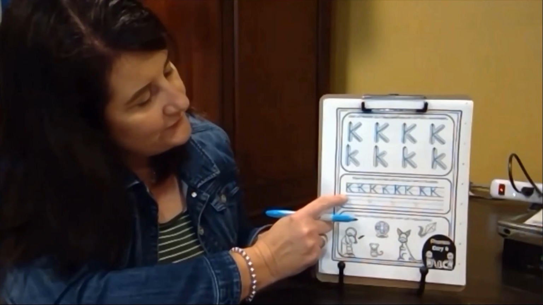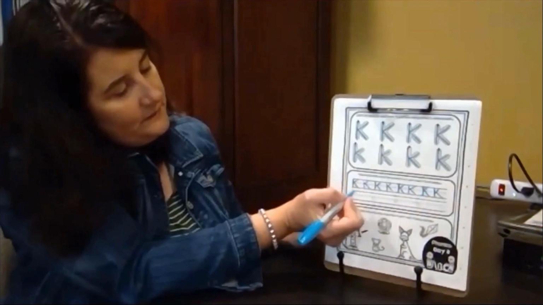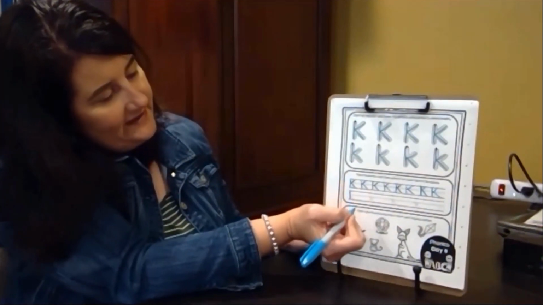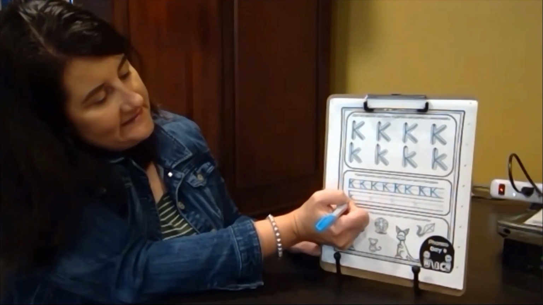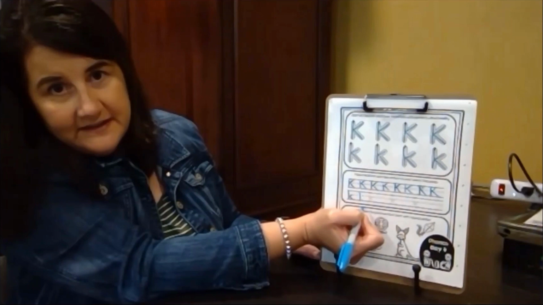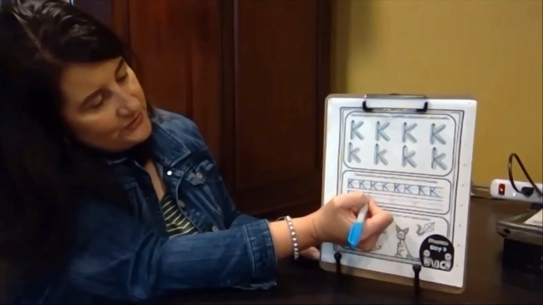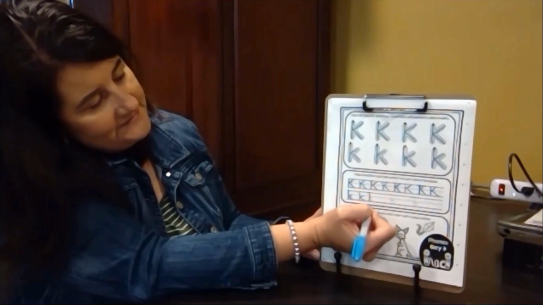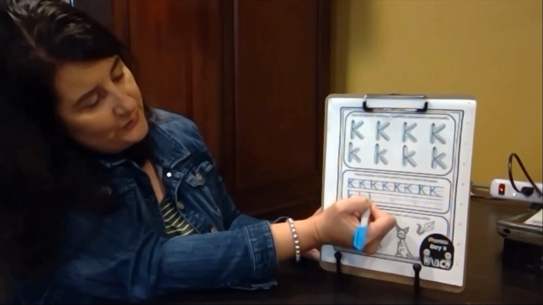Now for lowercase k, as a reminder, first stroke starts at the top, second stroke starts at the middle line. So straight down, and then your second stroke goes to the middle. Slant in, slant out, and then try it on your own. Straight down is your first stroke.